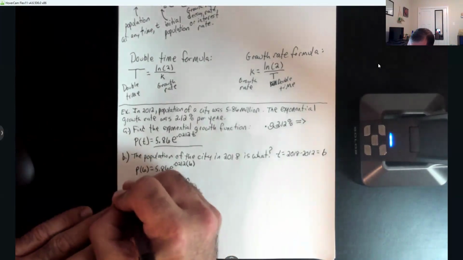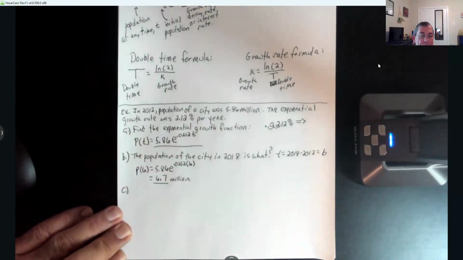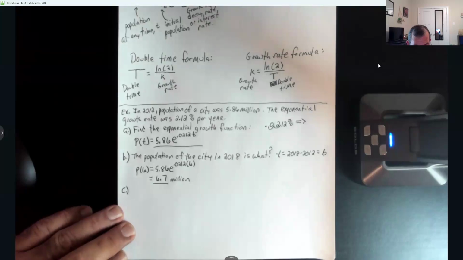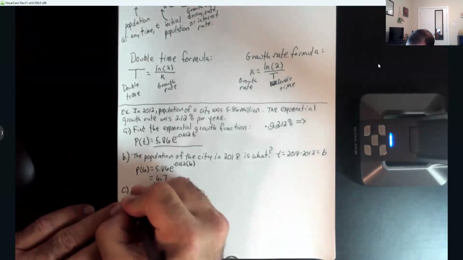All right, y'all. So another use of that formula. So notice on that one, they gave me how many years and wanted me to find the population. Well, look at this one.